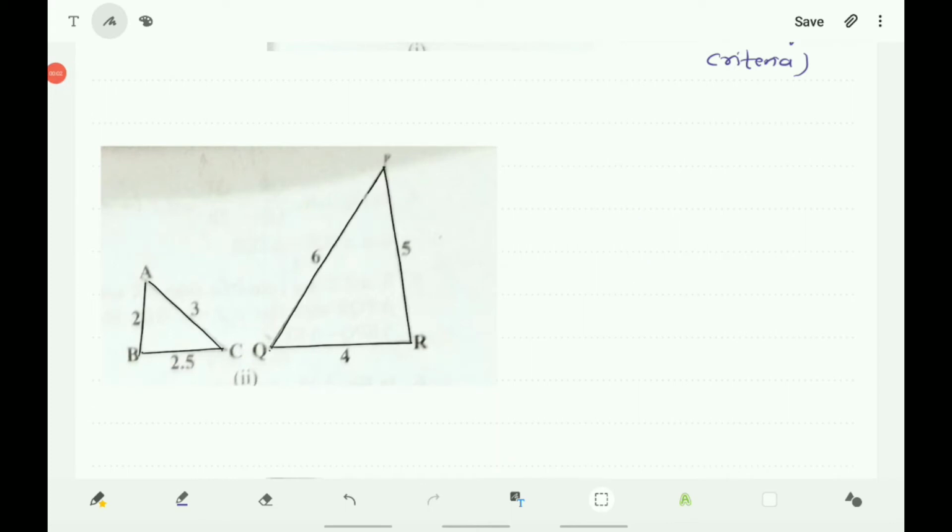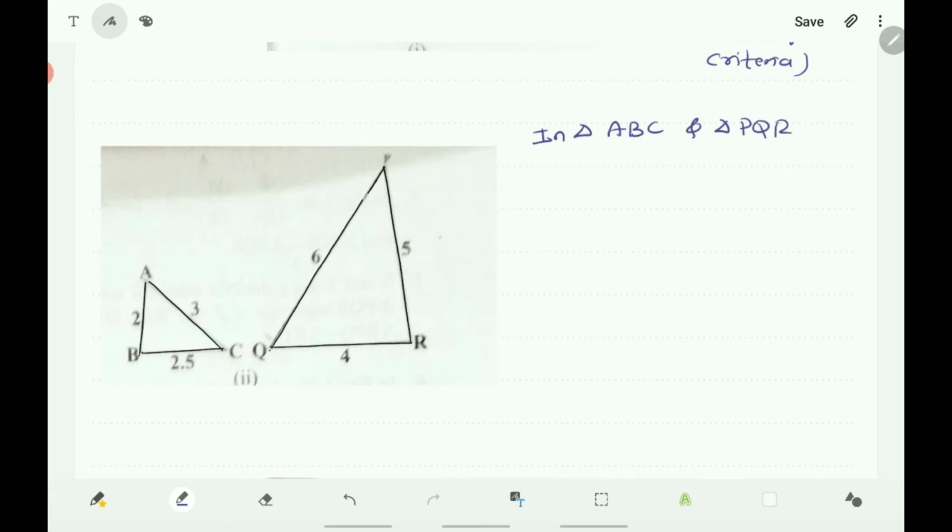Second pair of triangles, triangle ABC and triangle PQR. Here the sides are given, which means you check whether the corresponding sides are in proportion or not. If the sides are proportional, according to the SSS similarity criteria, you can write triangle ABC is similar to triangle PQR.